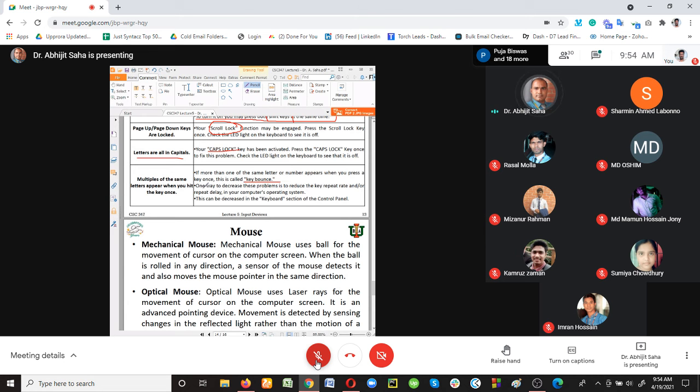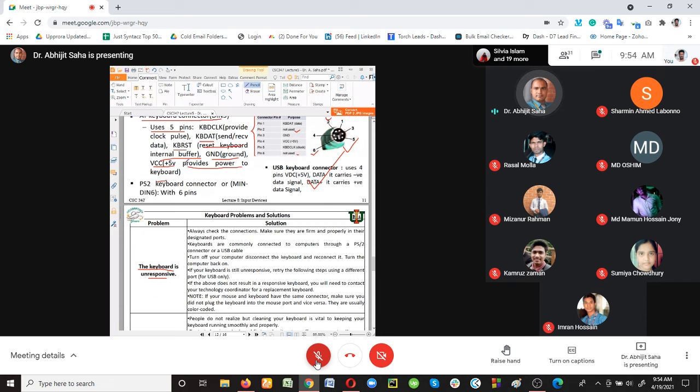You should reduce the key pressing, and you can also control the speed of the key responses through the keyboard section in the control panel, increasing and decreasing the speed of the keys you are pressing.